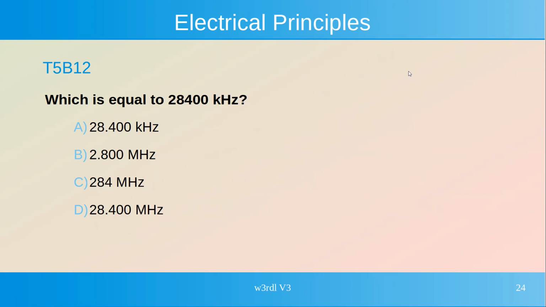Which is equal to 28,400 kilohertz. And most of them are megahertz, one of them is in kilohertz. Delta.